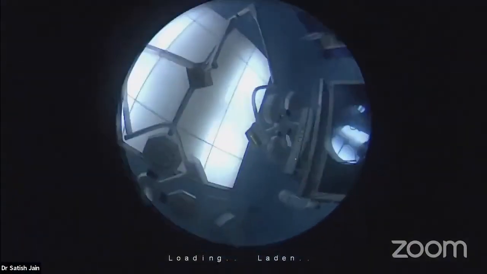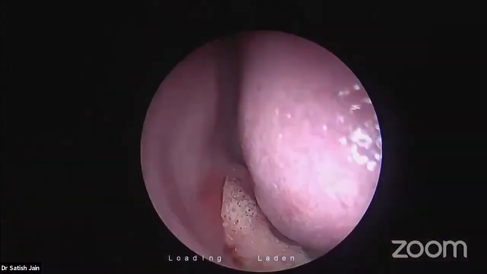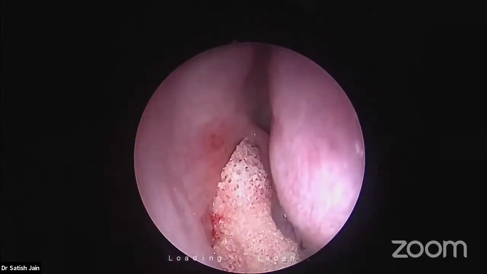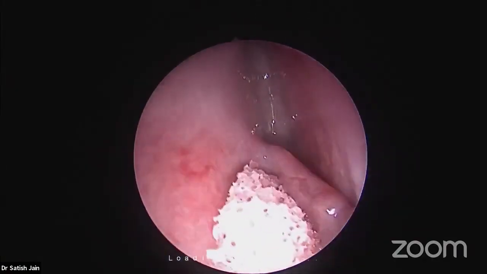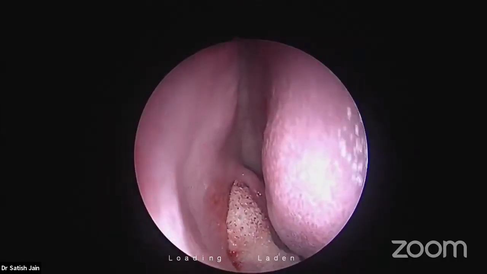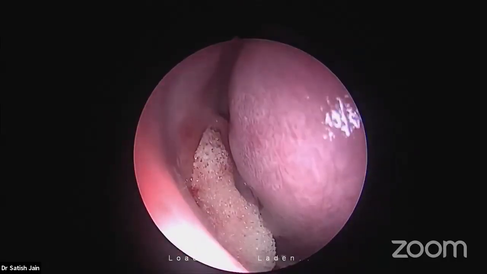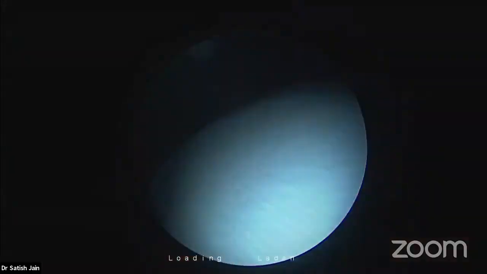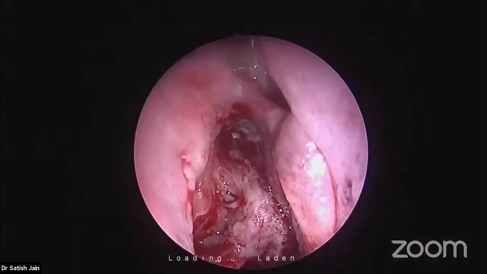Now with the 70 degree. See the view with the 70 degree up? Yes. That is your maxilla. Now with the 70 degree view, see this bulla?